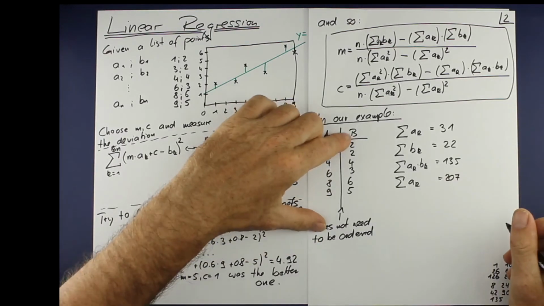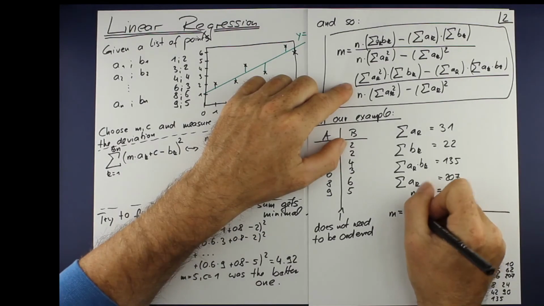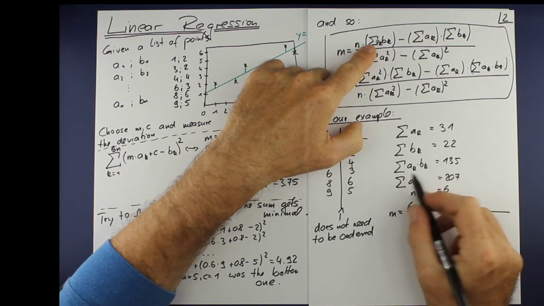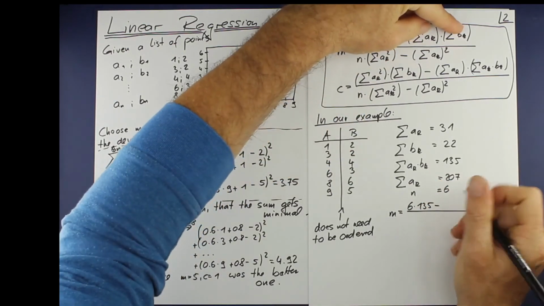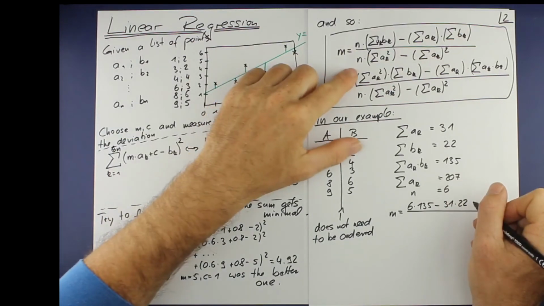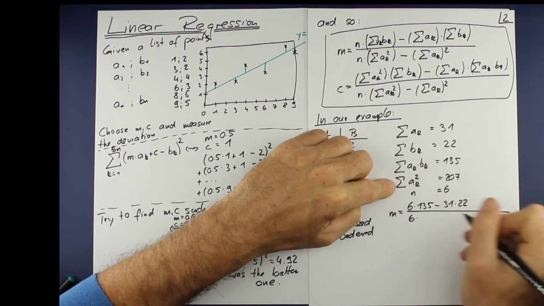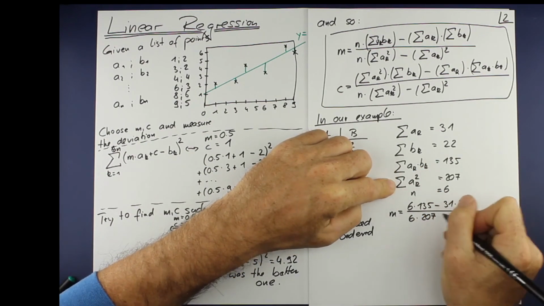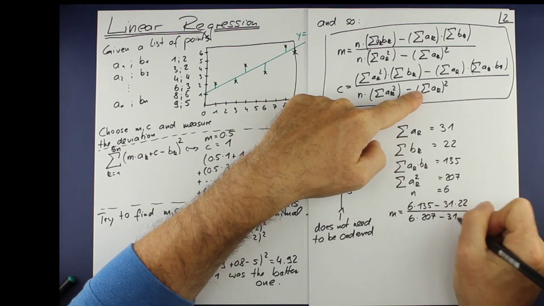And we don't need these values squared. So how to choose m? It's 6 times 135 minus this product, divided by 6 times, this was squared, 207 minus the sum of AK, 31 squared.